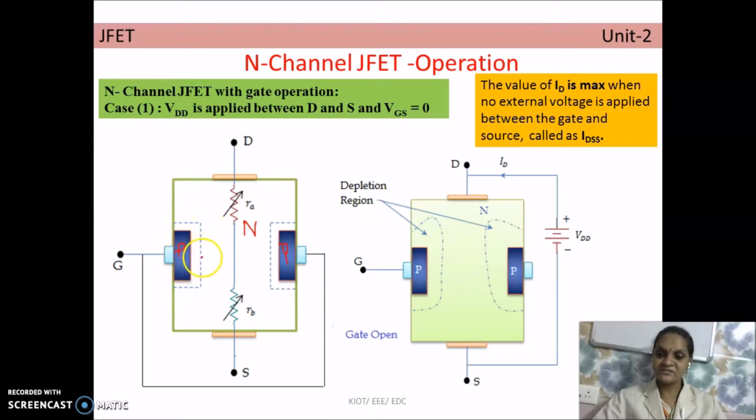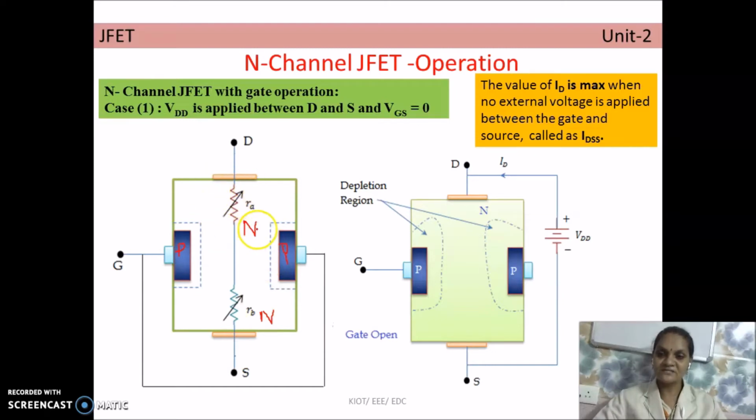The depletion region formation will be uniform around the entire P region on both sides. The area of the depletion region is the same around the entire P region. And one more thing you have to notice: this is an N-type semiconductor bar, and any semiconductor material by its nature has some bulk resistance.